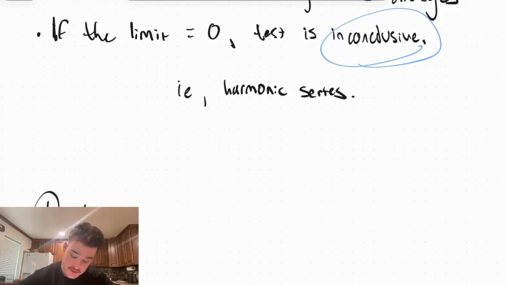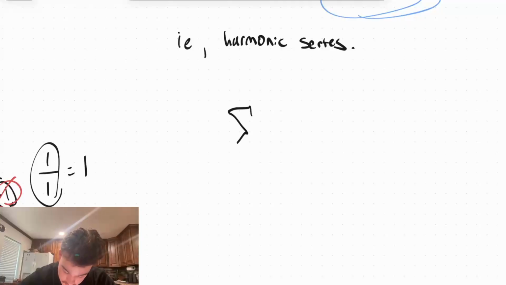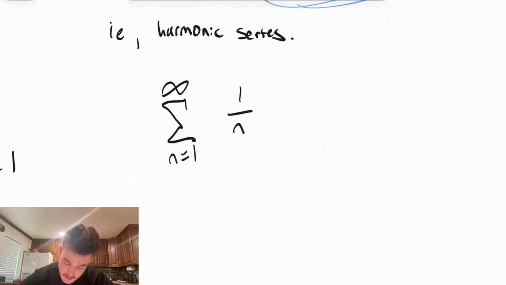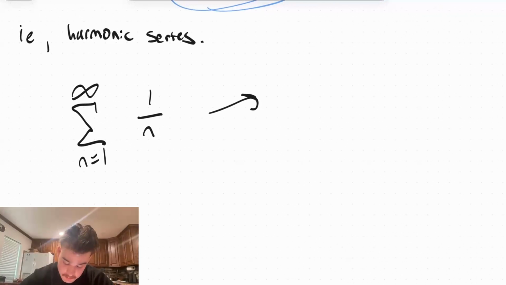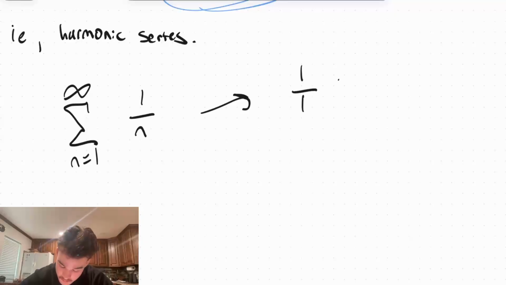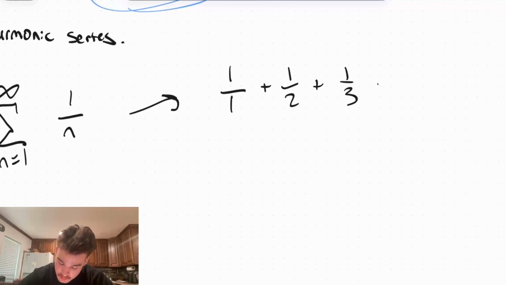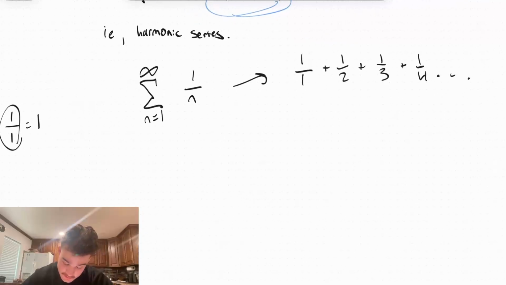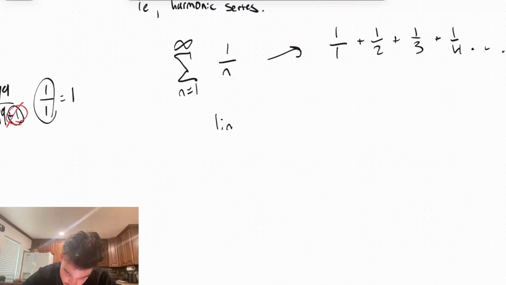And a good example of this is the harmonic series, which is the summation from n equals 1 to infinity of 1 over n. If you expand it, it's going to be like 1 over 1 plus 1 over 2 plus 1 over 3 plus 1 over 4, etc. And this series is decreasing, and in fact, the limit as n goes to infinity does equal 0.